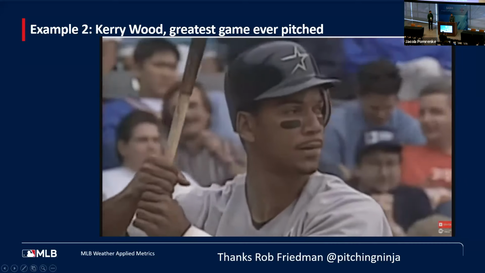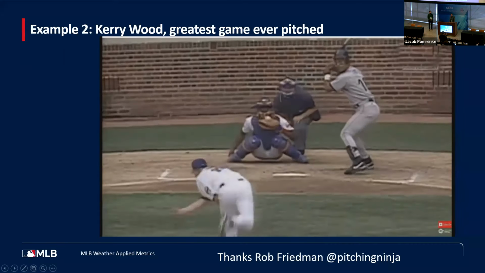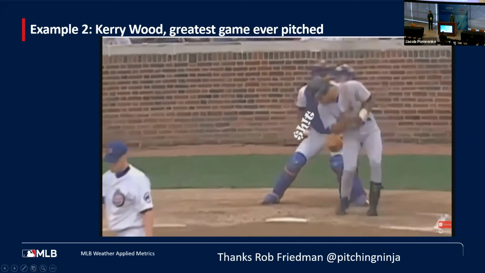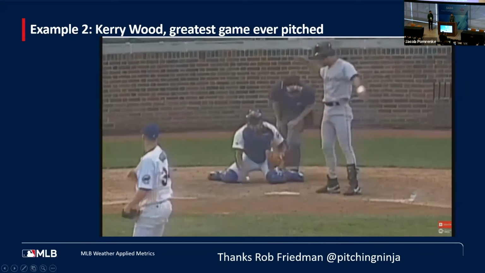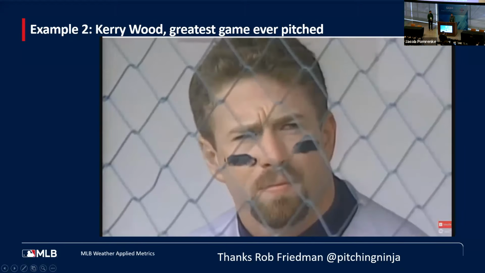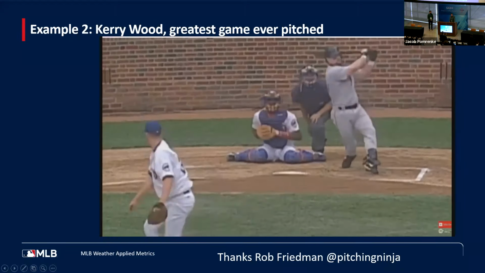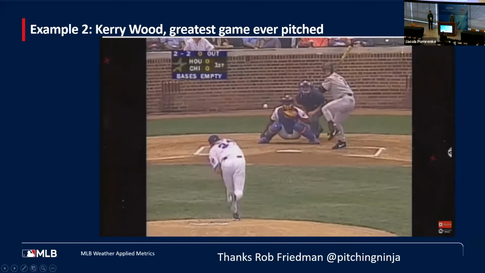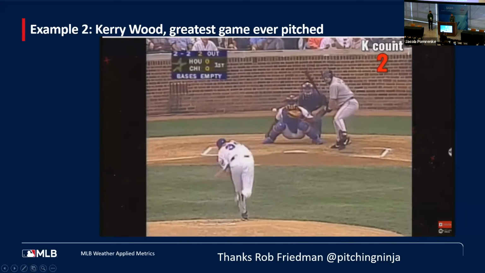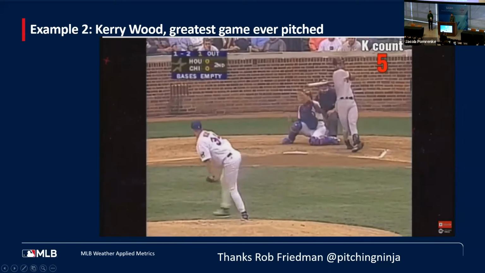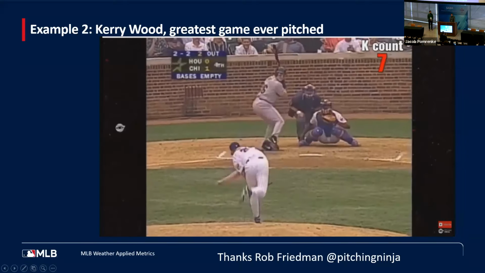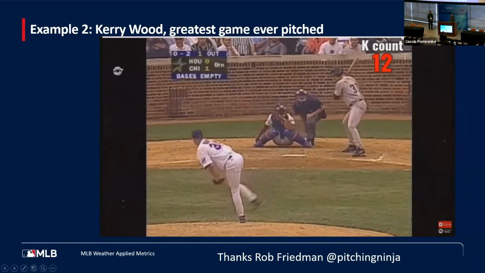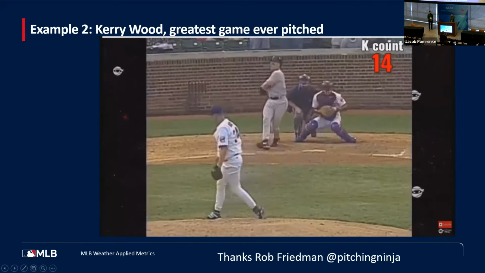Years later, in an interview, Moises Alou said he was a cocky hitter, but when he saw Kerry Wood live, he was like, oh. Jeff Bagwell was on deck for the 20th K and said if he got up, it would have been the 21st K. Kerry Wood had 54 swinging or called strikes in this game. And it only took 122 pitches for Kerry Wood to strike out 20 batters.